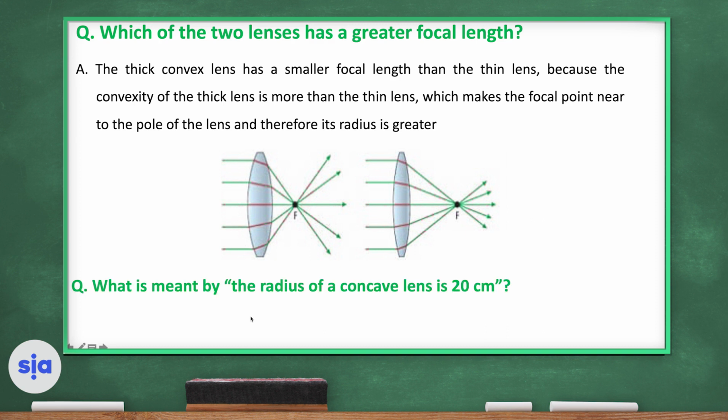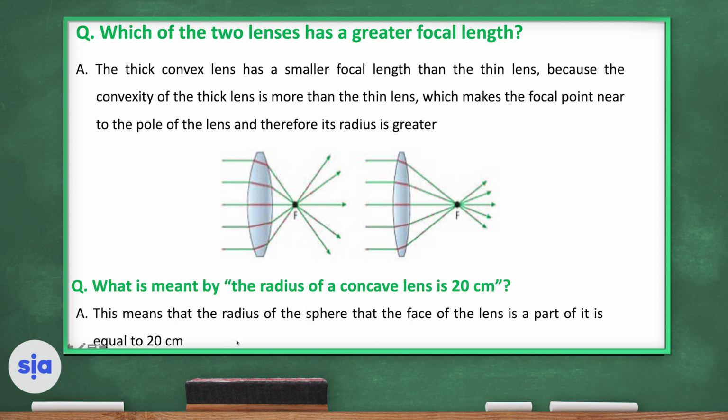And what is meant by the radius of a concave lens being 20 centimeters? This means that the radius of the sphere that the face of the lens is a part of is equal to 20 centimeters. So whenever we are talking about the radius of the lens, we are relating it to the radius of the sphere.